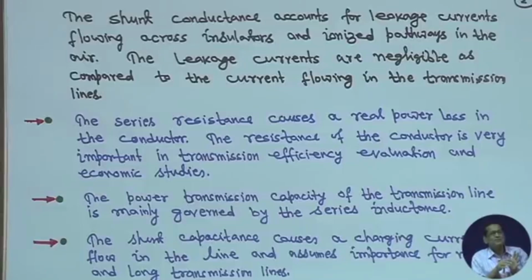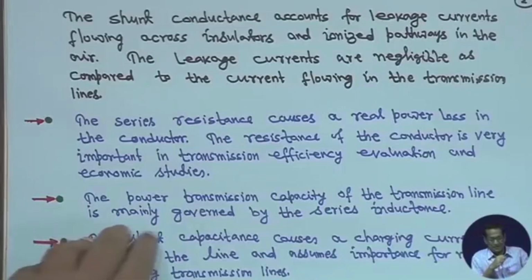On the distribution side, for overhead 11 kV distribution systems, there is no need to consider the charging capacitance or shunt capacitance, right. But for cables you have to consider it even at 11 kV, because their charging capacitance has a significant value, right. You cannot ignore that, right.